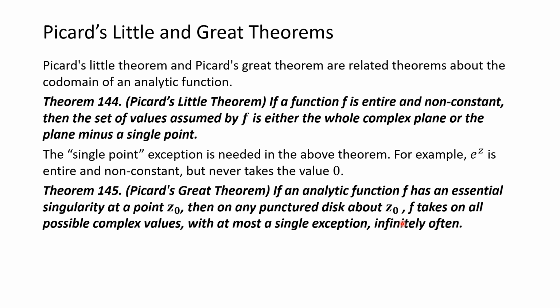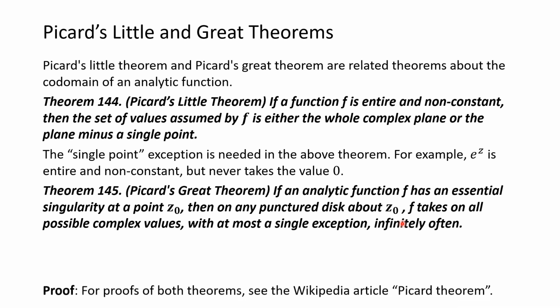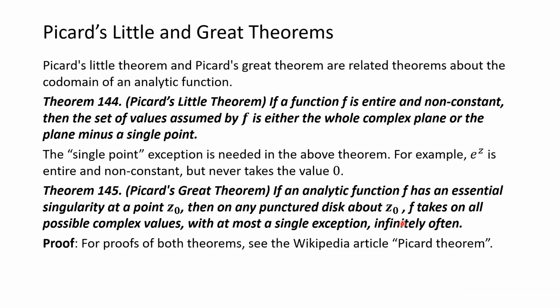That means the function just varies wildly as you get near an essential singularity. Again, I'm not going to prove this, but if you go to the Wikipedia article and look up Picard's theorem, you'll see proofs of both of these. They're not particularly simple proofs, but if you're interested, you can find them at this location.